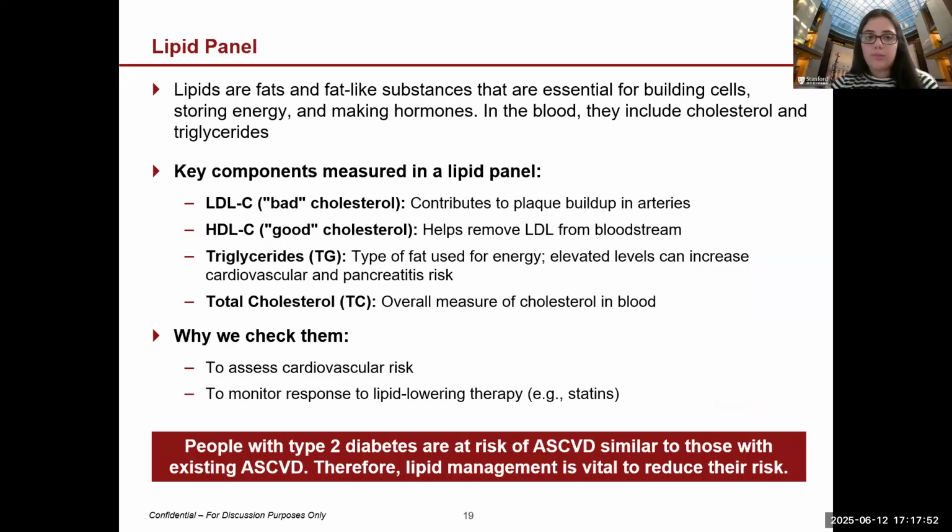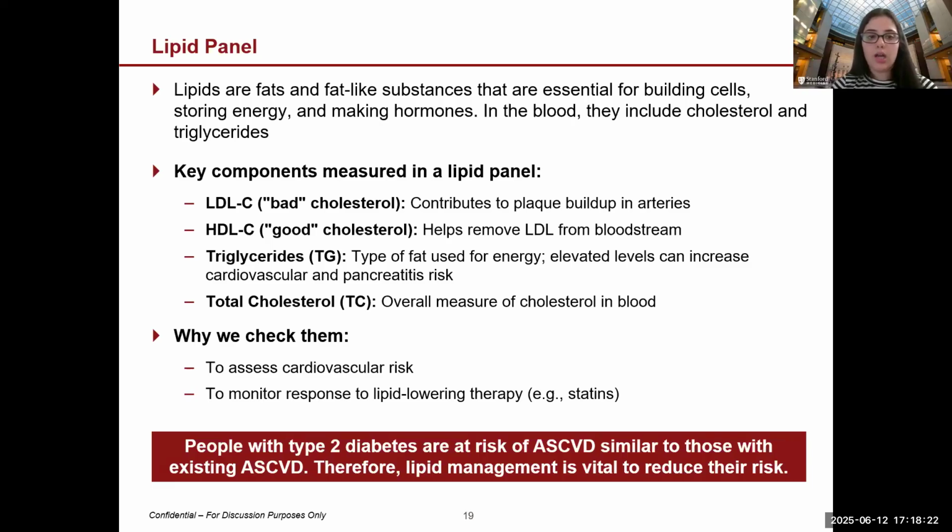The key components measured in the lipid panel are LDL cholesterol, which is what we consider bad cholesterol, and having high LDL can contribute to plaque buildup in the arteries, which causes a high risk of getting a heart attack. The HDL cholesterol, which is the good cholesterol, helps remove the LDL from the bloodstream.